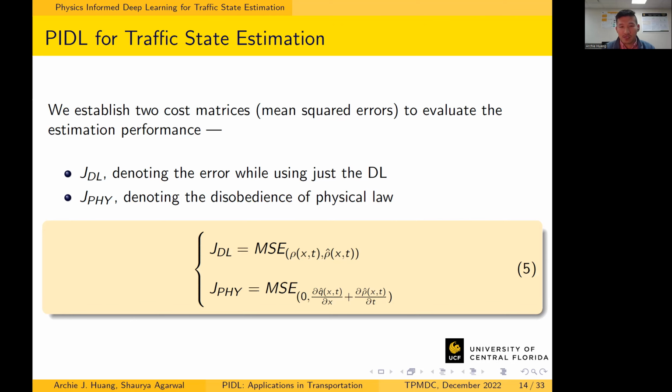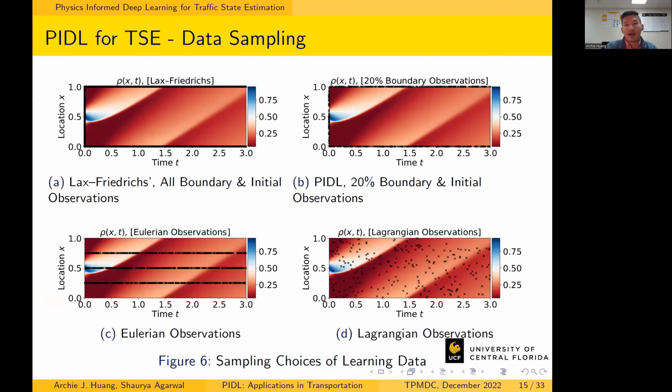So the last slide for the part 1 video here, I just want to touch on the data sampling strategies of PIDL TSC. It showcases the unique advantage of PIDL, and also what the application would look like for PIDL in terms of traffic state estimation.